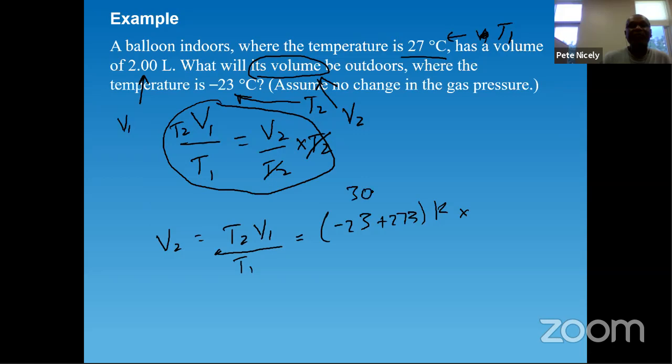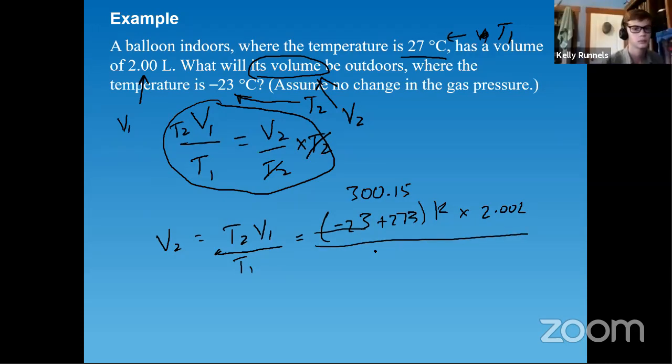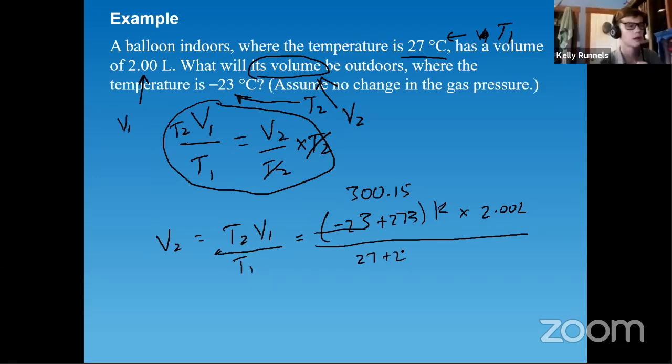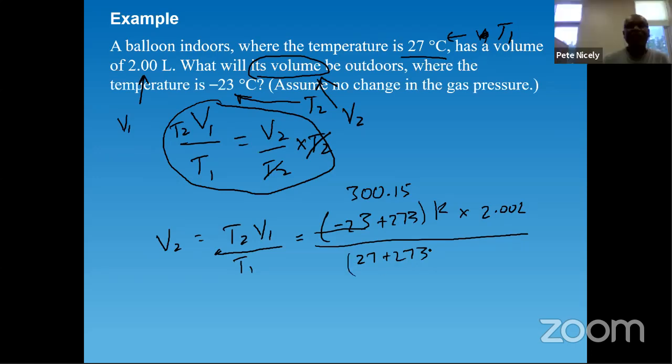Okay, so 300.15, times V1, which is 2.00 liters, all divided by T2, which is 250.15. Okay, so this would work out to be 250.15. Good.